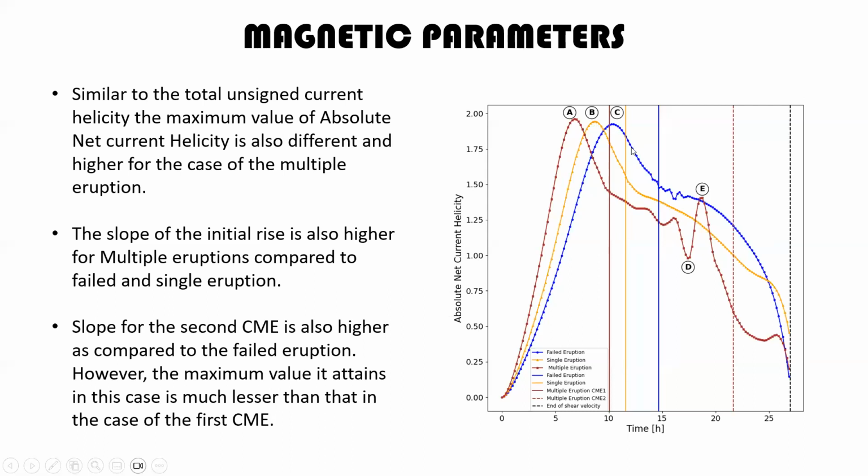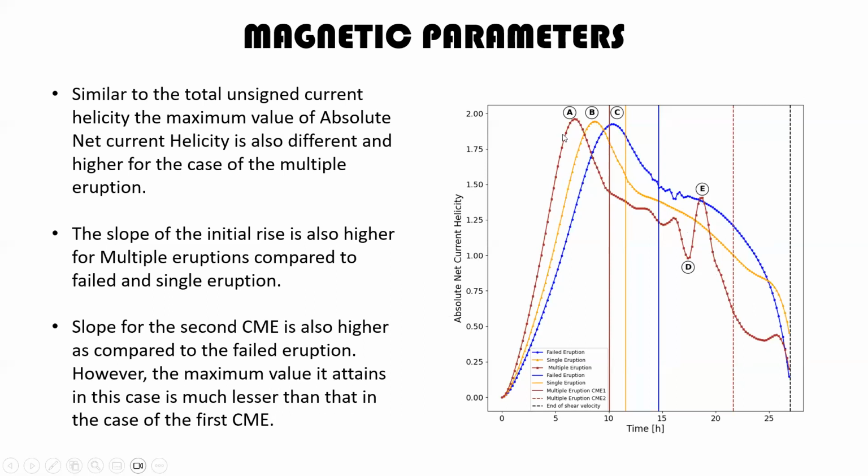But for the second CME that happened in the multiple eruption case, which is somewhere here, after this dashed line, the helicity also increases after point D, and the slope between point D and point E is greater than in the failed eruption case.